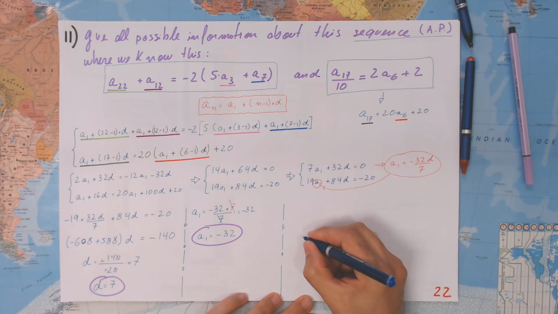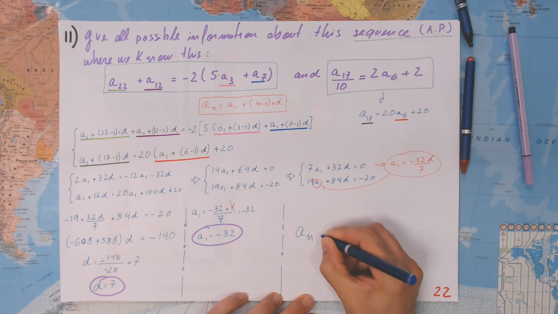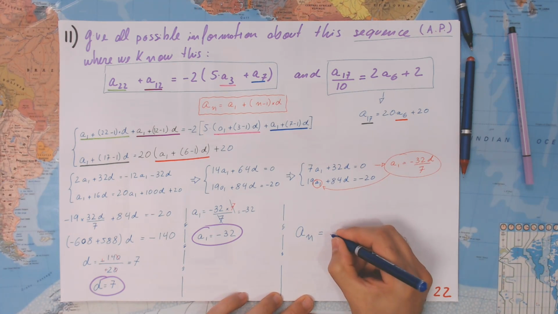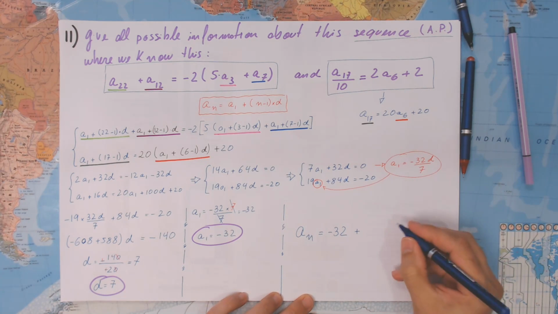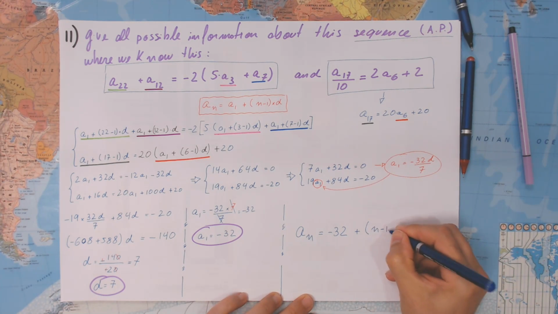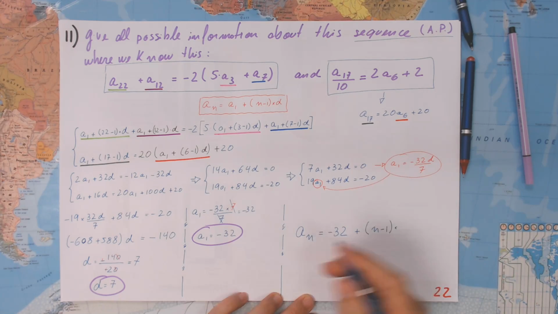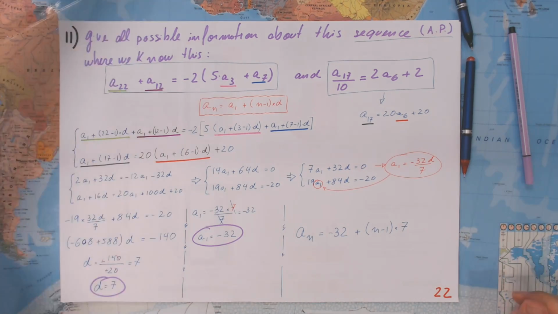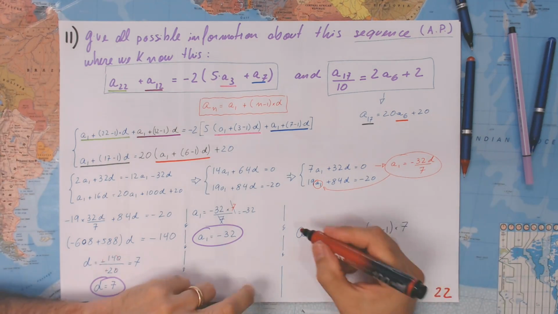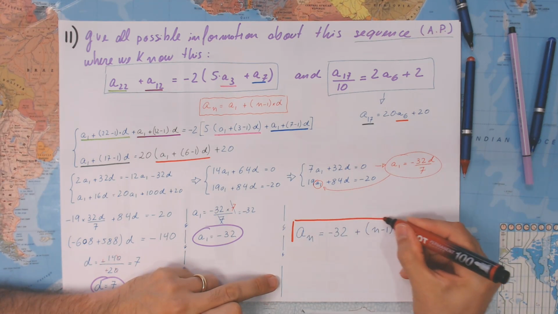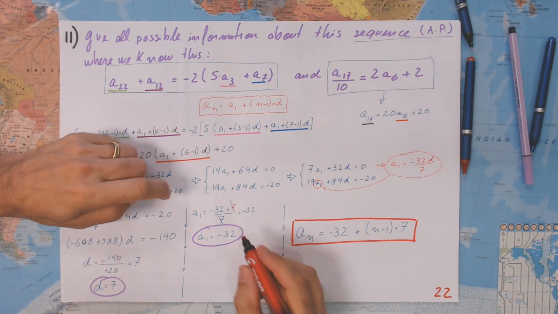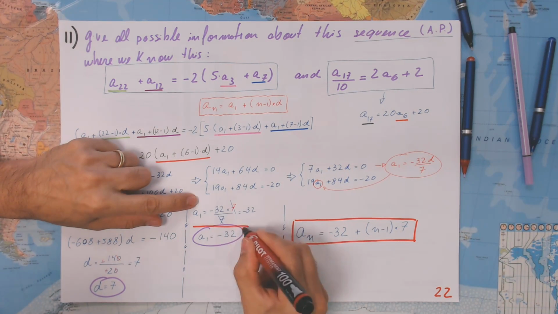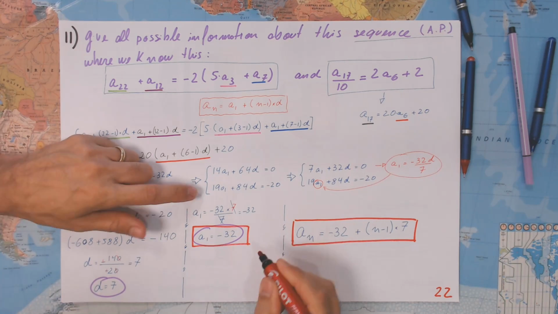And we can write A sub n is going to be the first term, minus 32 plus n minus 1 times 7. Okay, and this is also the solution.